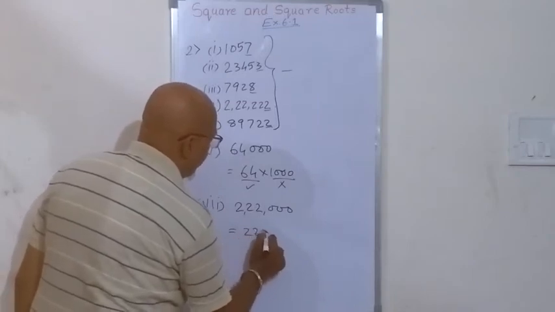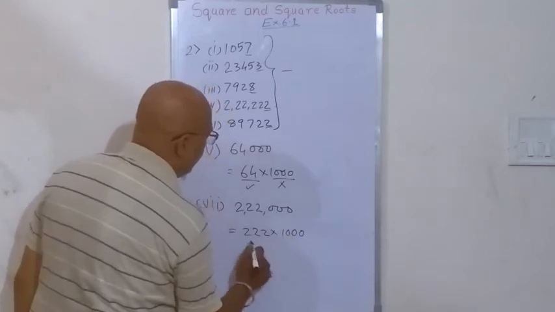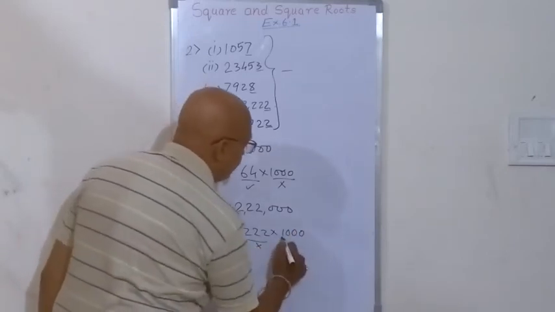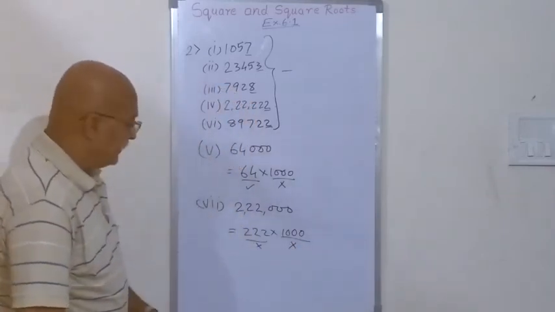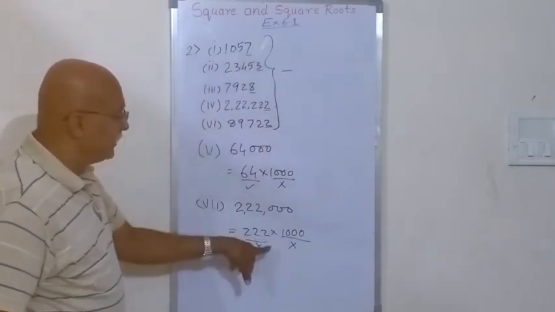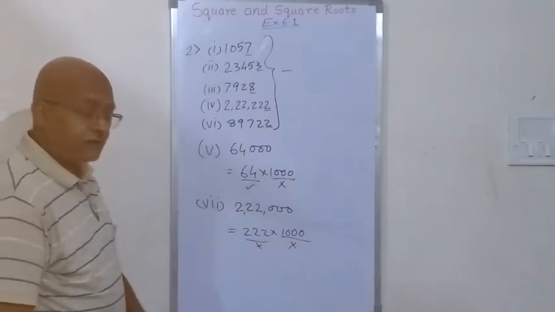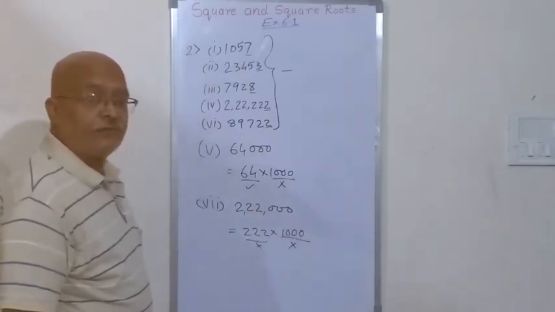It is 222 multiplied by 1000. Now see here, neither 222 is a perfect square nor is 1000 a perfect square. 2 is there, so this rule can be applied here, and 1000 is not a perfect square, so obviously these will never be a perfect square.